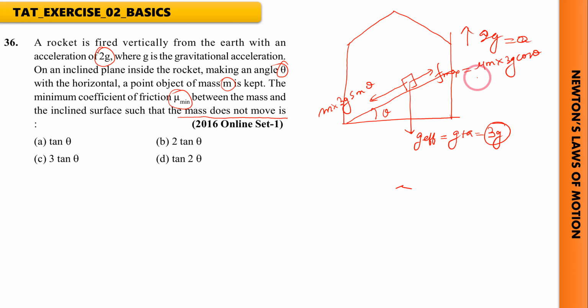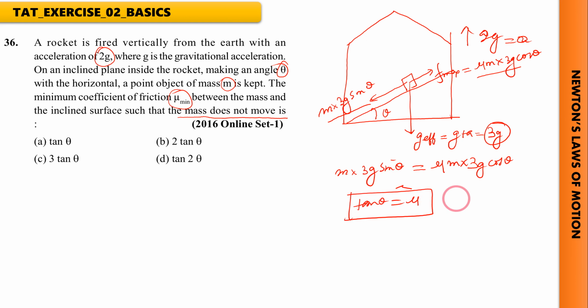Because it is not moving, so these two forces must be balanced, and on solving this we get mu equals to tan theta. m into 3g into sine theta equals mu m into 3g into cos theta. From here we get tan theta equals to mu. So coefficient of friction must be equal to tan theta in order to keep it at rest.